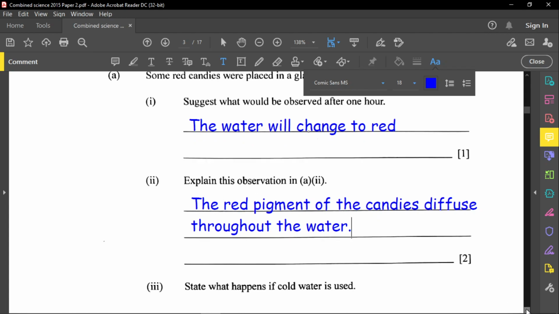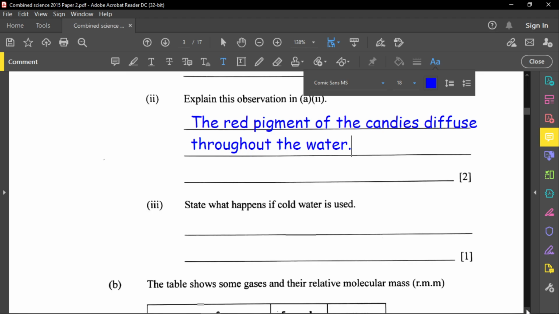And now for part 3, state what happens if cold water is used. Now if cold water is used, then the kinetic energy will be less, and so therefore the rate of diffusion will be way less, and so therefore the pigment would not be throughout the entire water.